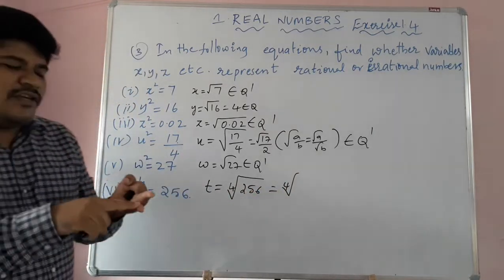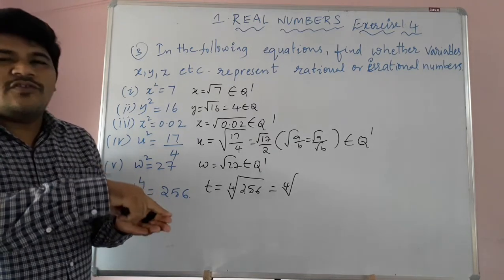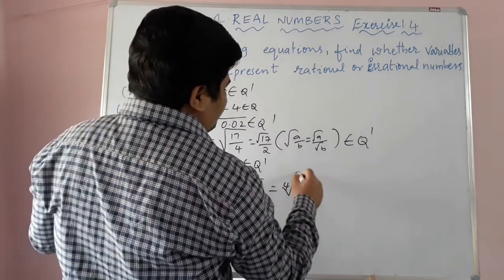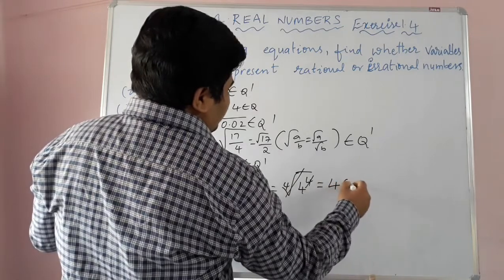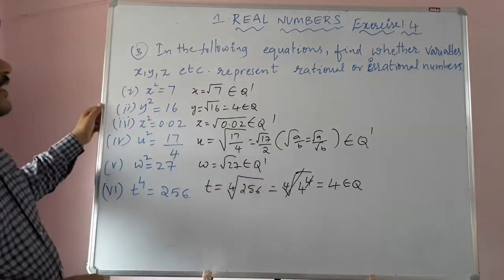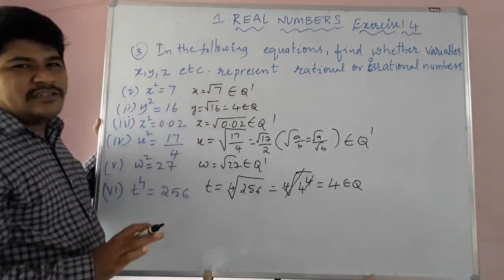See, 4 fours are 16, 16 fours are 64, 64 fours are 256. So the 4th root of 4 to the power of 4 will come. Here power 4 and 4th root get cancelled. So we will get 4, which is a rational number. So like this we can determine whether these are rationals or irrationals.